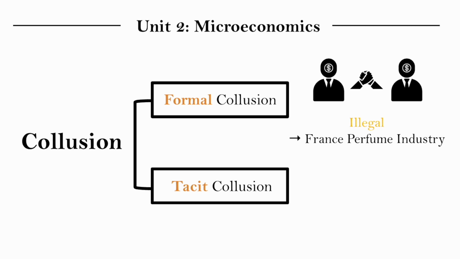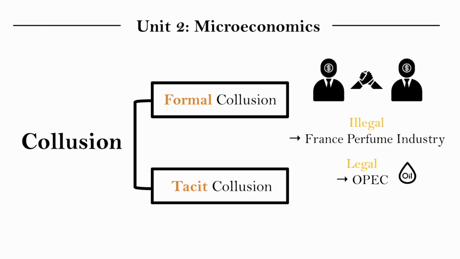And these illegal cases where they got caught is the more common example. The less common but real example is where formal collusion happens in a legal way, which is when OPEC countries gather and agree to fix the price of oil. And this one is allowed because the price of oil is too important for the well-being of these countries.